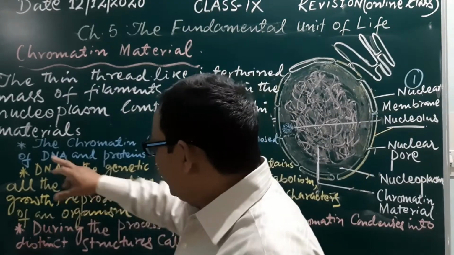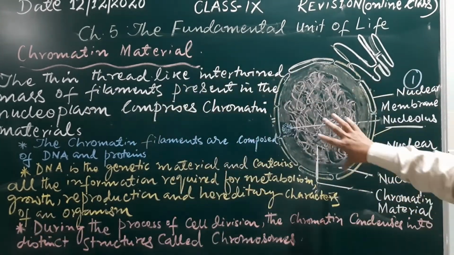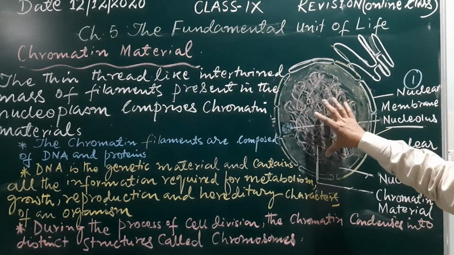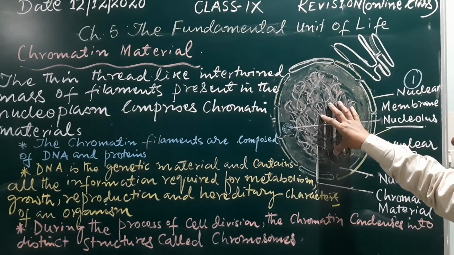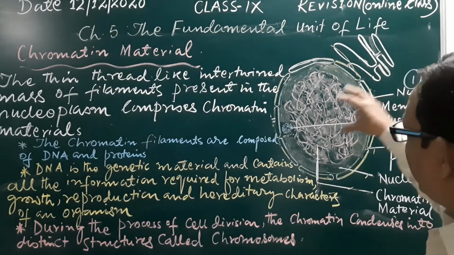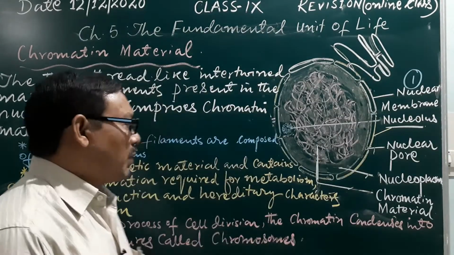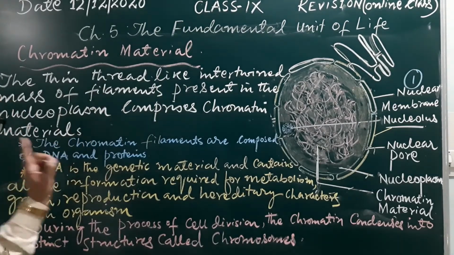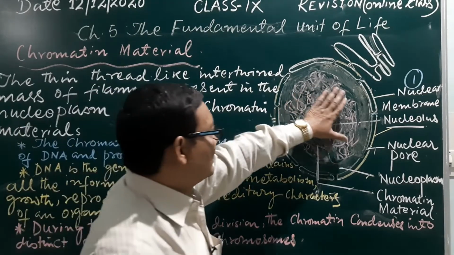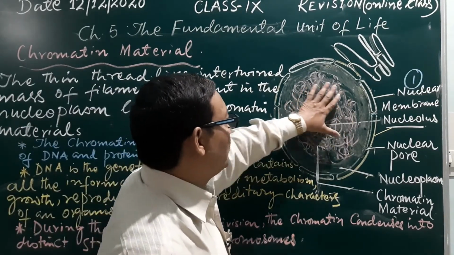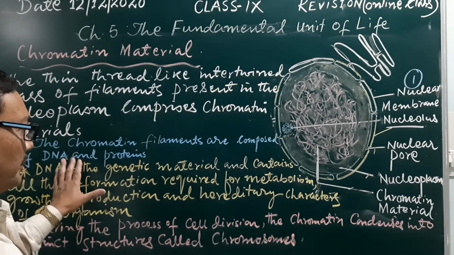Now I have written here three important points in regard to this chromatin material, which is also known as the nuclear reticulum. What are these three important points? Look here, the first one: the chromatin filaments are composed of DNA and proteins.